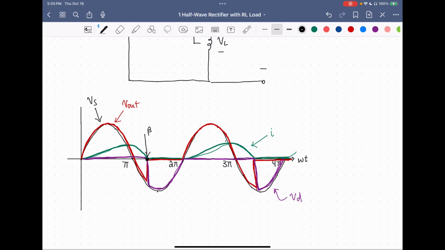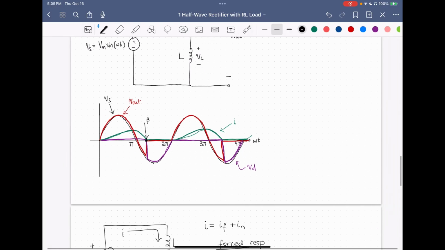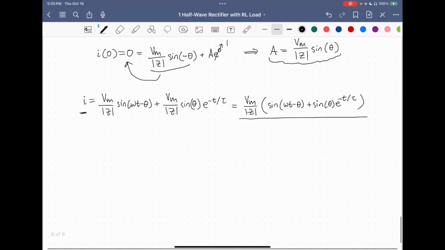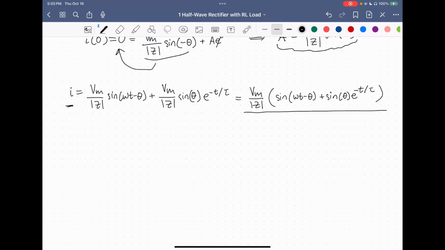Now to solve for this point, we can set our expression for the current at omega t equals beta to zero. First we want to express I of t in terms of omega t instead of t. That just means we add an omega here, negative omega t, which means we also need to divide by omega tau.